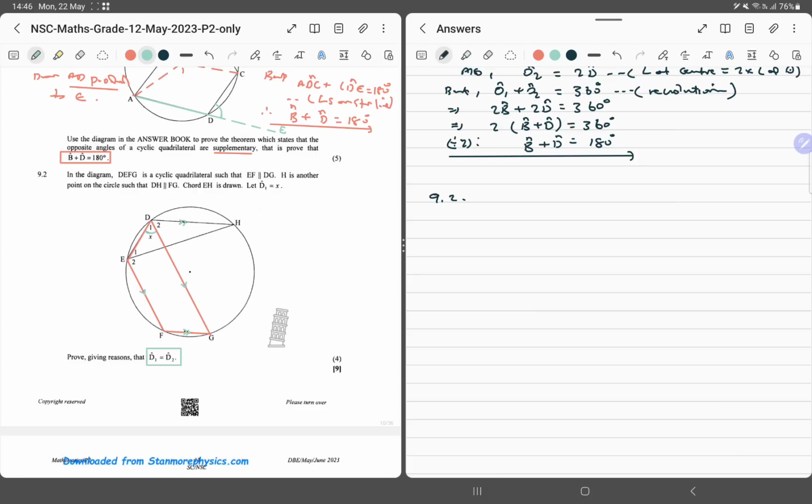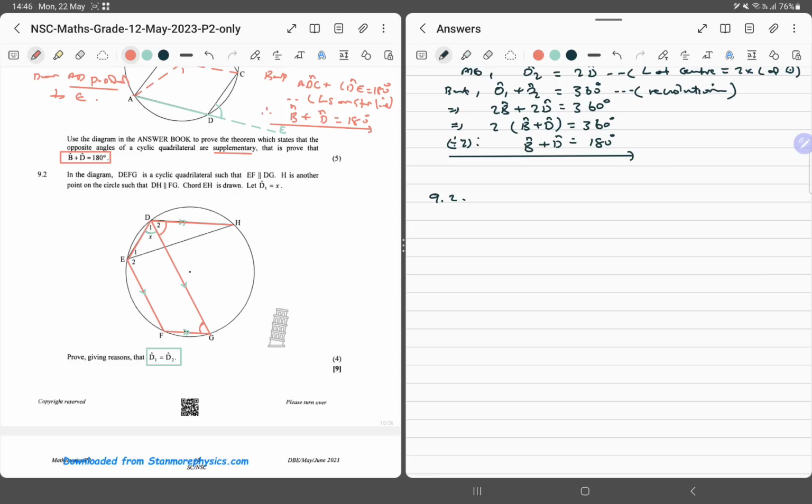First of all, if we're looking at this situation right here, we can see that this angle is alternating with this angle, right? Because they form the letter Z. So we've got alternate angles there.